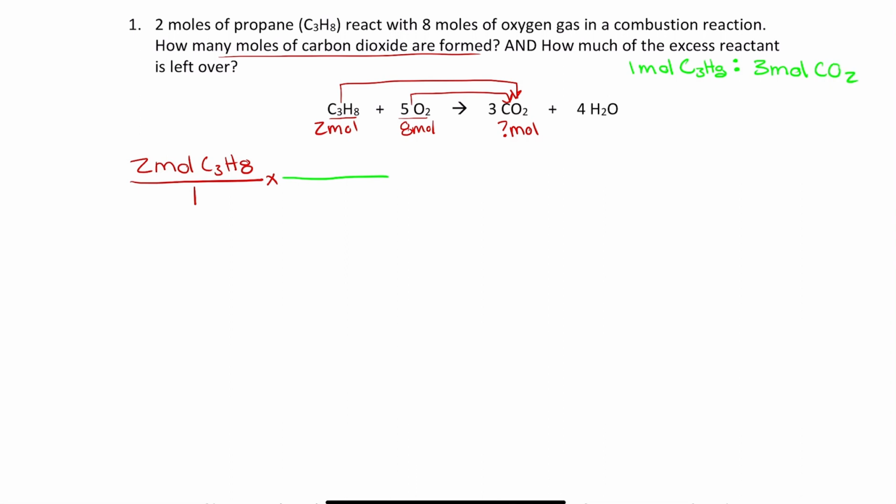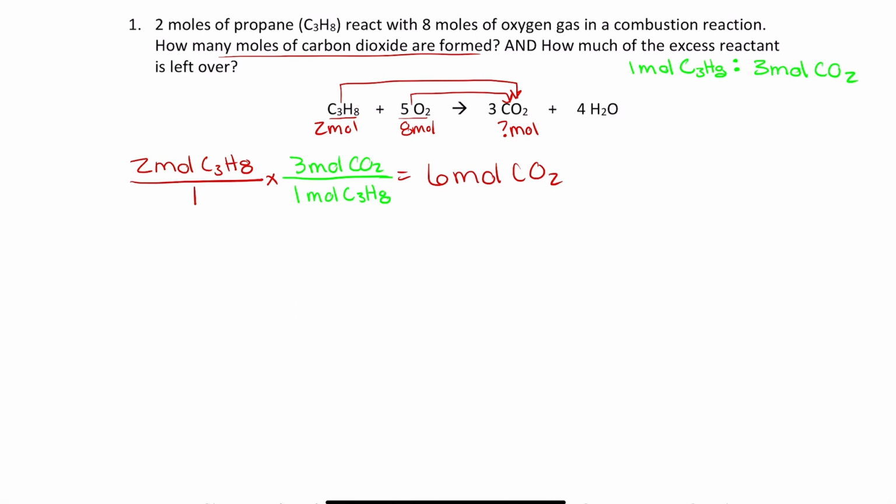I want to set that up so that my moles of propane will cancel out, so I'm going to put 1 mole of propane down here at the bottom, and my 3 moles of carbon dioxide up here at the top. I put this in the calculator, and this tells me that I have 6 moles of CO2. I'm able to produce 6 moles starting with 2 moles of propane.